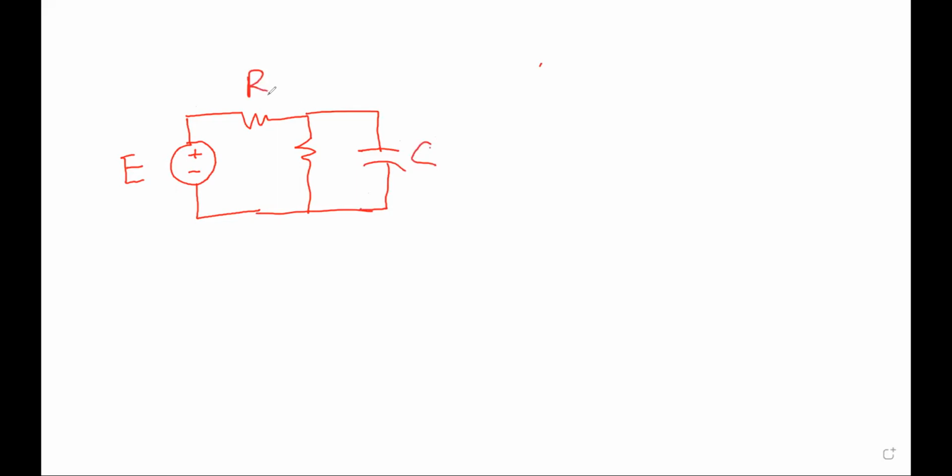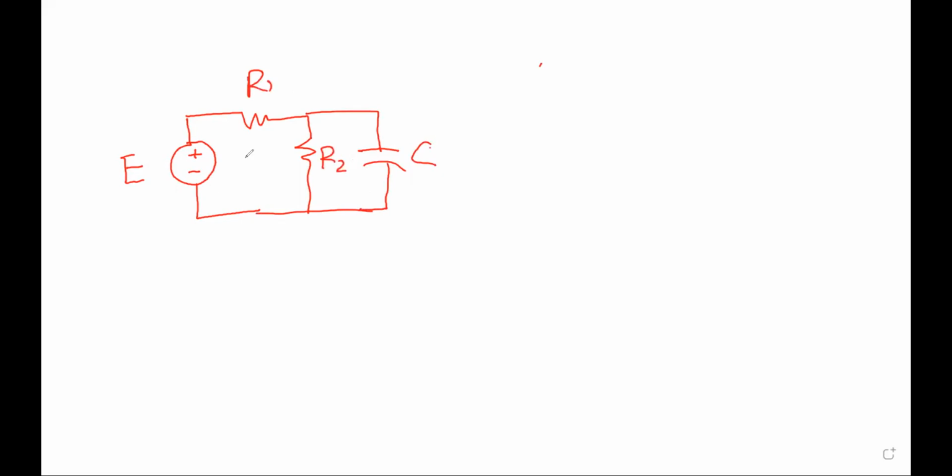Consider that we have a situation, something like this. Say a DC source was there and it was connected to a circuit something like this. This is C, this is R1, this is R2.